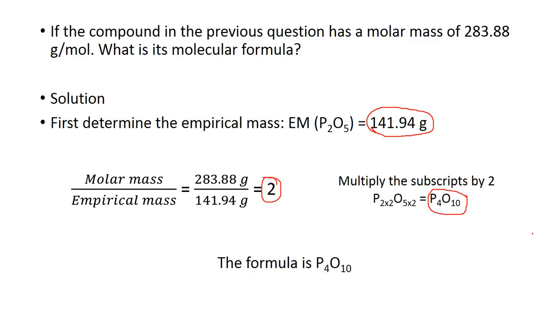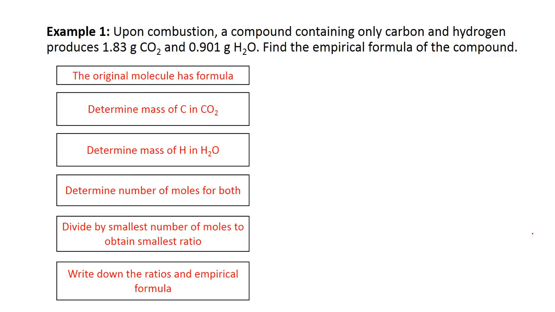So let's look at this example. Upon combustion, a compound containing only carbon and hydrogen produces 1.83 grams of carbon dioxide and 0.901 grams of water. Find the empirical formula of the compound.